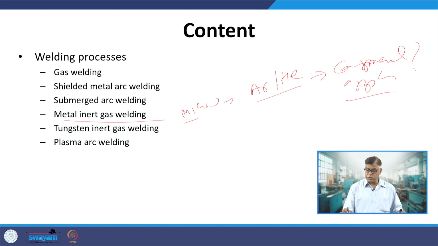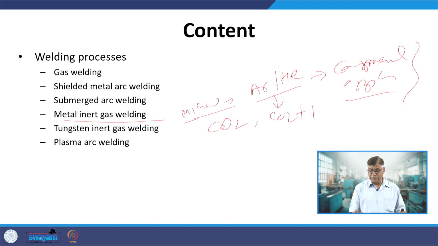For most industrial applications MIG welding is used, but for reducing the cost, even though the inert gases are costly, these are replaced with carbon dioxide, or CO2 is mixed with argon, or a mixture of other gases with argon is used, primarily for reducing the cost.